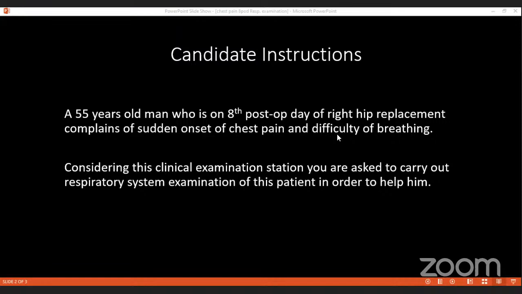You will be provided with the patient file, including the vital charts, FBC and ECG. You'll read the patient's charts in 6 minutes, and then you will examine the chest from the back only in pulmonary embolism. You will not examine the patient's chest from the front. I think you had forgotten to mention this.